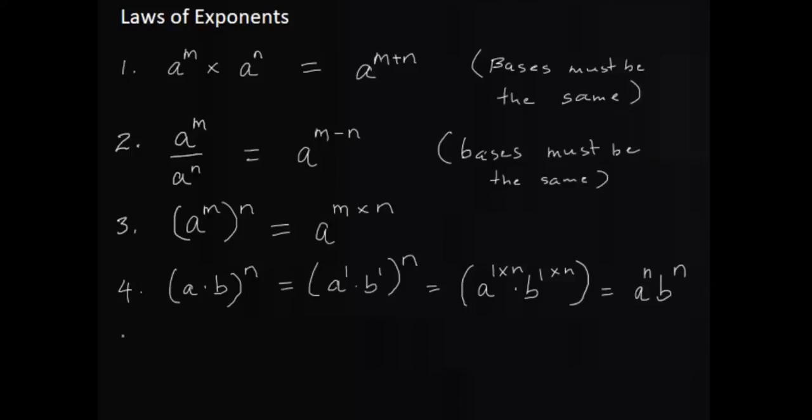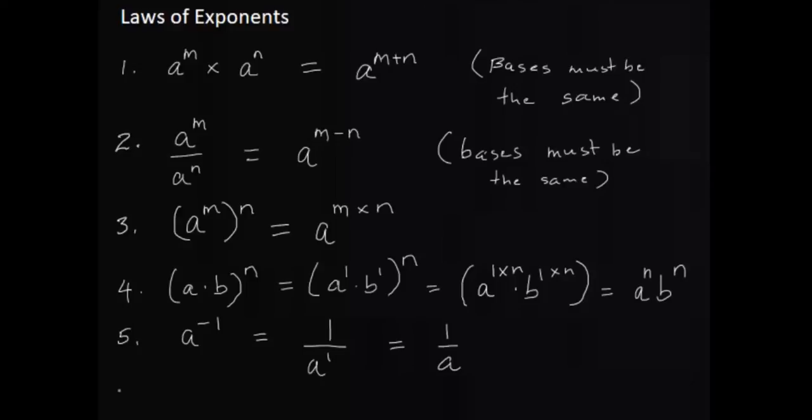Let's now look at our fifth law of exponents. This one is simple. It says if you have an expression raised to the power of a negative 1, or a negative number or a negative exponent, this can simply be written as 1 over the expression to the positive number, or simply 1 over a.